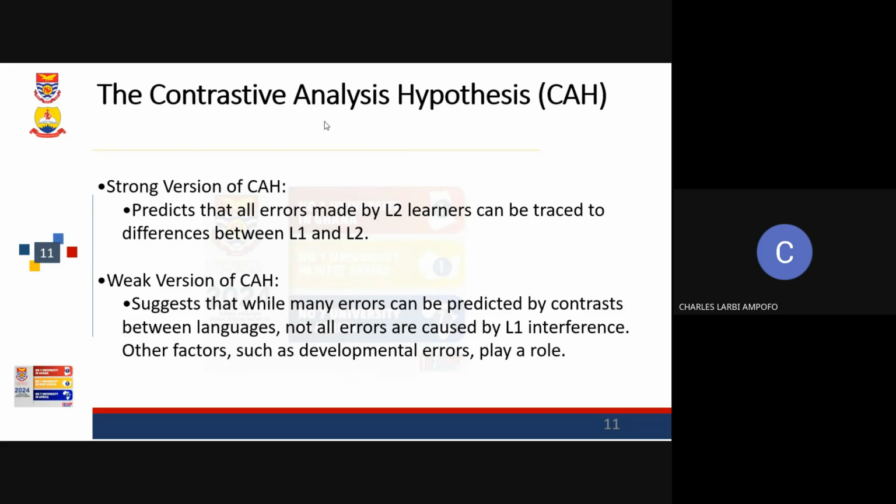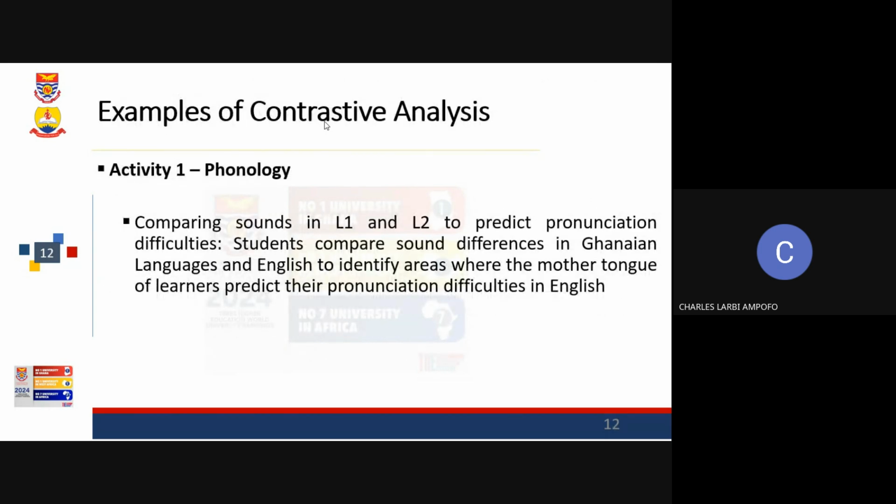But as you progress to another level where there was some kind of development, you realize that it was easier for you to understand. So you might have made those errors earlier due to your level of development. It's not about age, but about development. Okay. So according to the weak version, not all errors are a result of transfer from the L1.